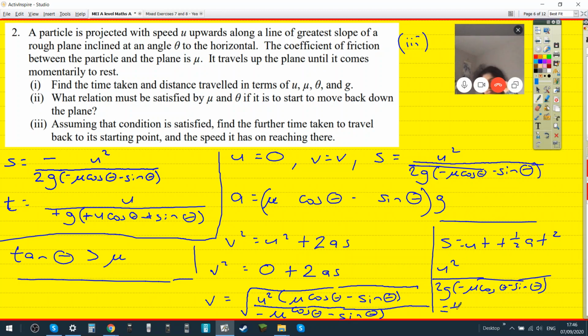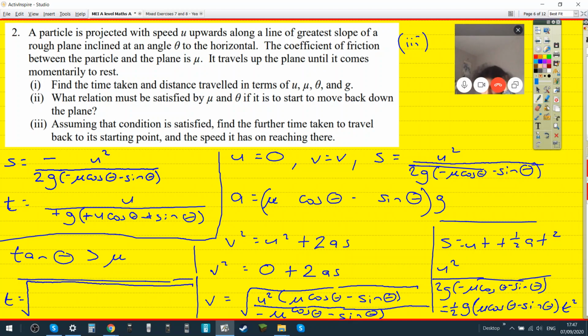Okay, so a half g, mu cos theta minus sine theta, t squared. And then you want to divide by half g mu cos theta minus sine theta somehow. And so I'll just square root it as well in one go.